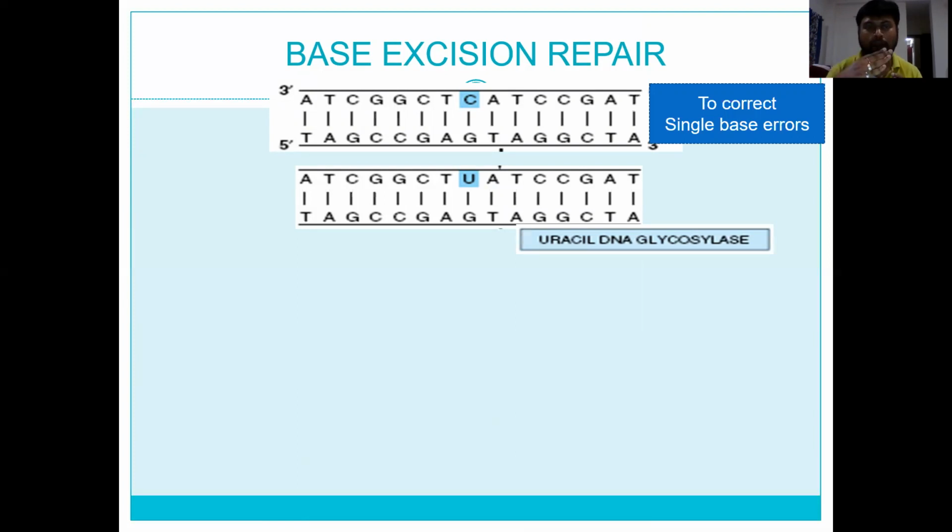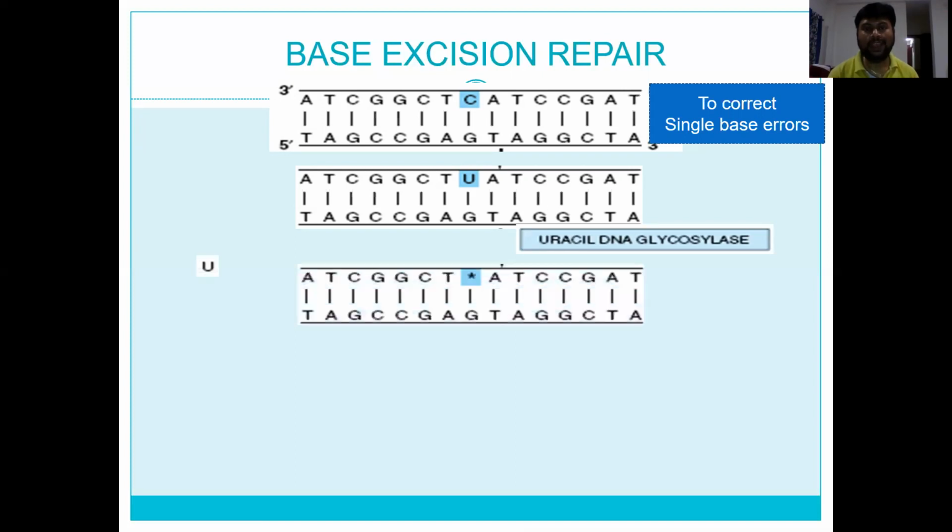Once that bond is broken, the uracil residue alone will fall off, creating an empty site, otherwise called an AP site. AP means apurinic or apyrimidinic site, absence of purine or pyrimidine. Here the base alone is not there, but the phosphate and sugar backbone is still intact.